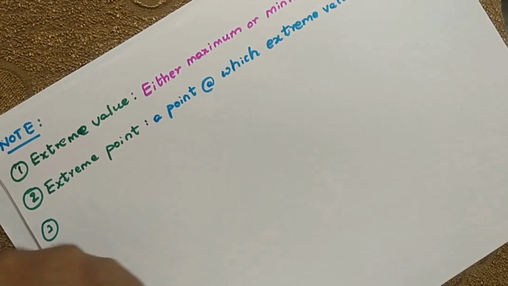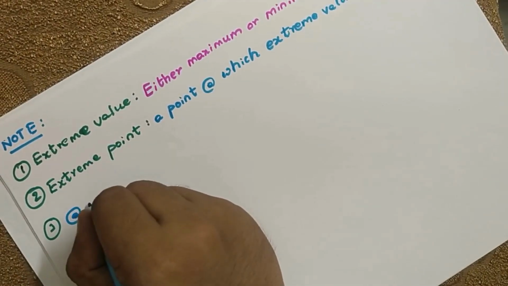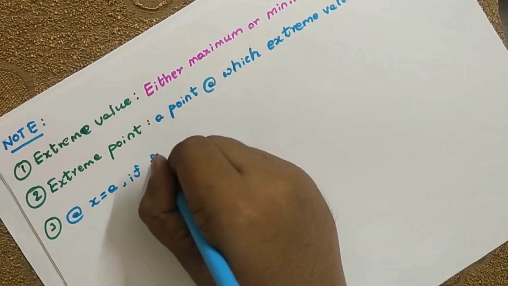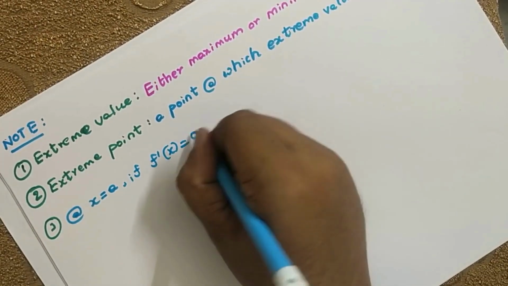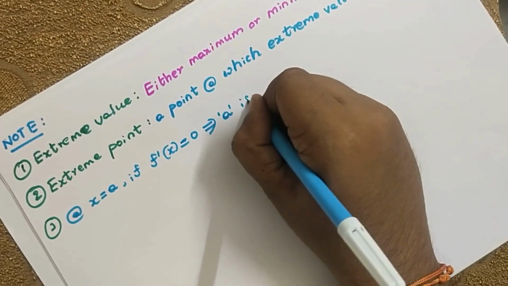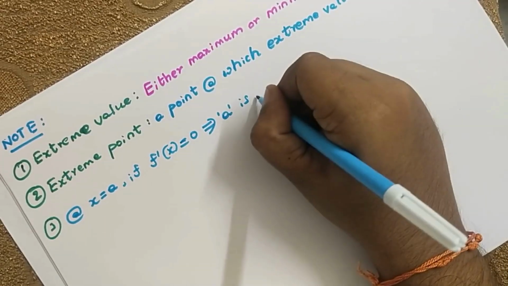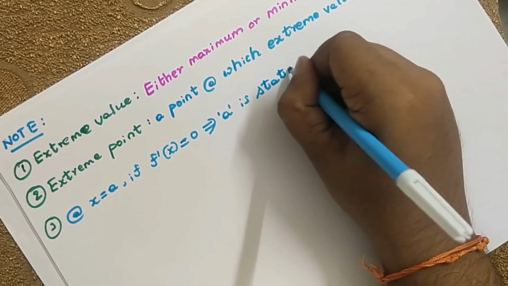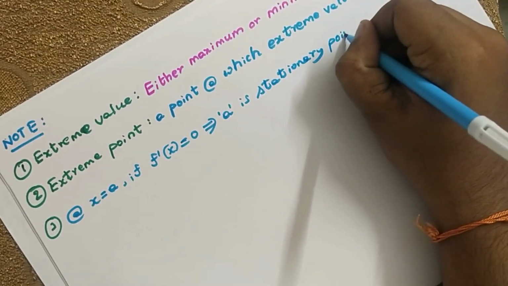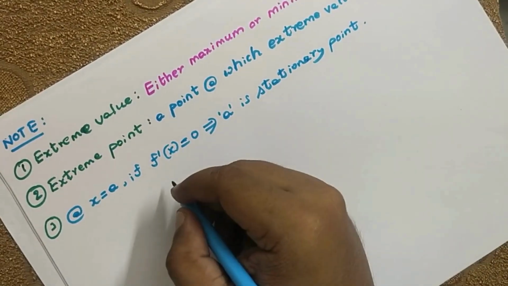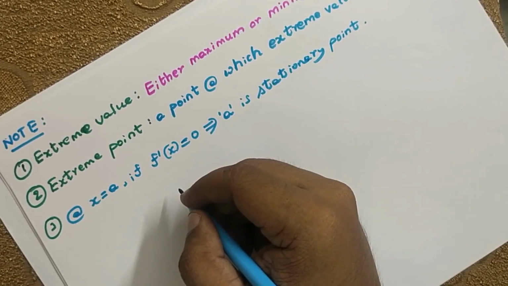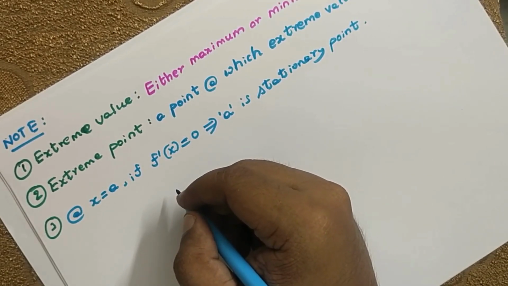Okay, next let's see the third point. At x is equal to a దగ్గర if f dash of x ఒకవేళ 0 అయితే, which implies that a point ఏమవుతుందంటే a is called a stationary point. అంతే కదా, by definition you can say a is called a stationary point. Yes, so that stationary point can be maxima point or a minima point or a inflection point, and neither maxima nor minima as well.